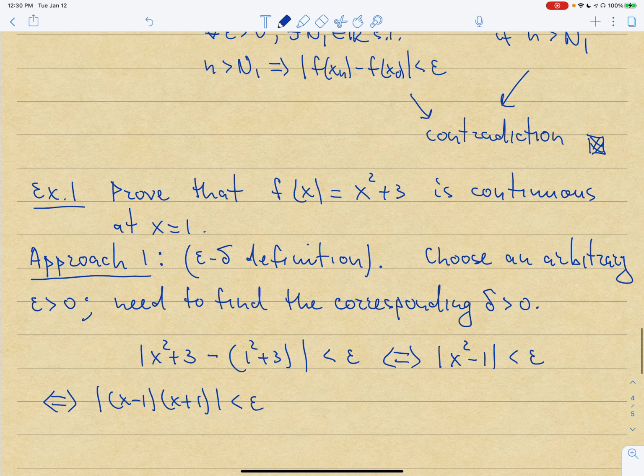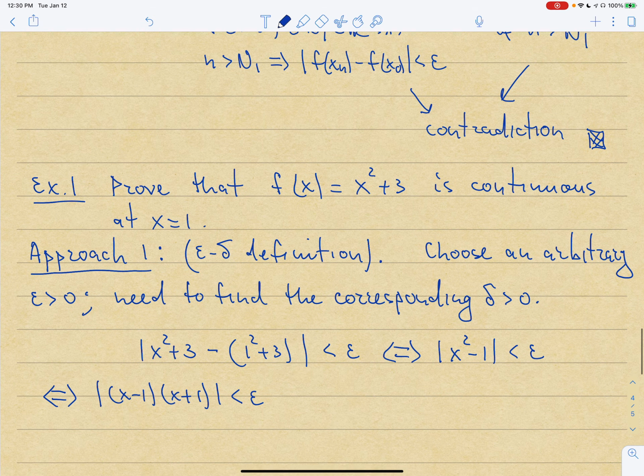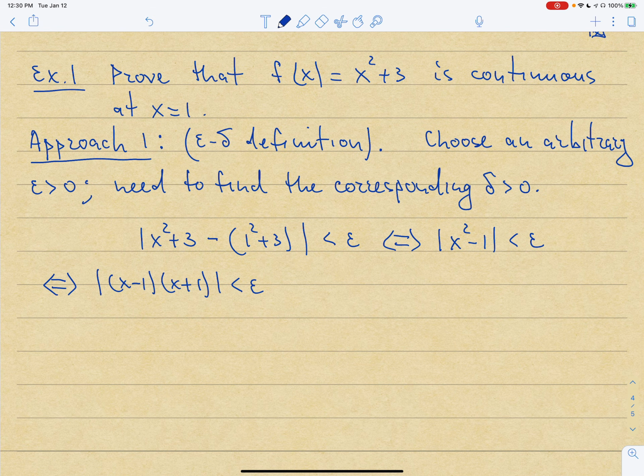Now remember that for the epsilon delta definition, I'm saying that f of x minus f of 1 is less than epsilon, that you should produce a delta such that x minus 1 less than delta would give me f of x minus f of 1 less than epsilon.